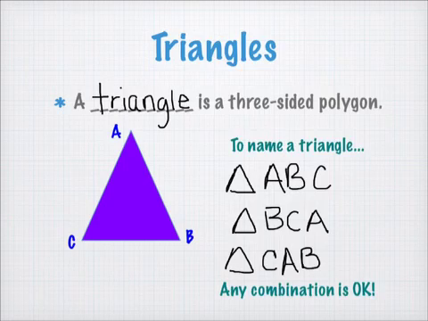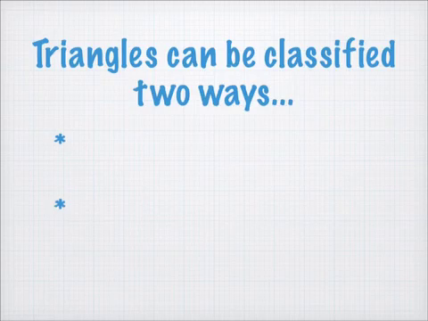Okay, when we're classifying triangles, there's 2 different ways to categorize them. Does anyone know the 2 ways you can name triangles? Hunter, what's one way to classify a triangle?